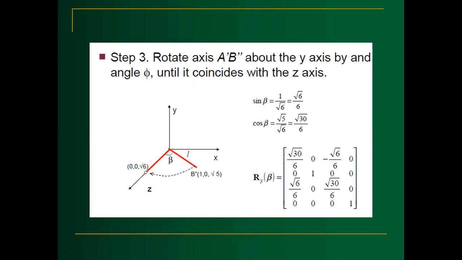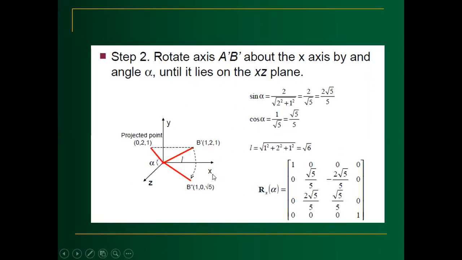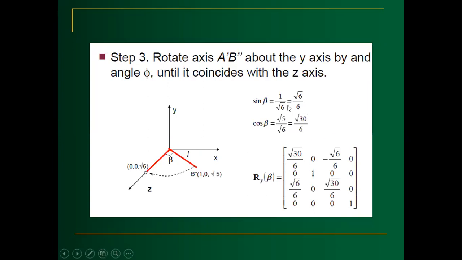If we don't, it is sine beta is d, that is 1 divided by root of a square plus b square plus c square. This is ABC. 1 square plus 2 square plus 1 square is your root 6. So 1 by root 6.